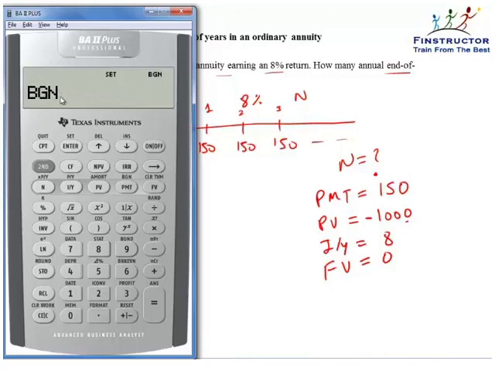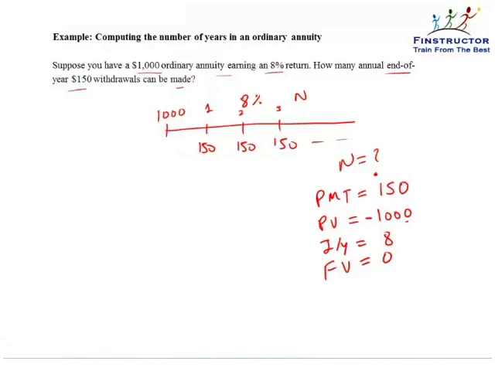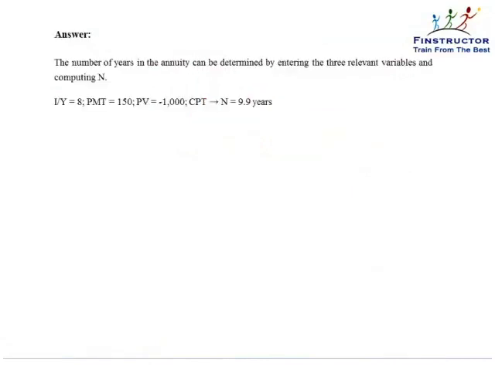Our payments are now being withdrawn at the end of every year, so we'll press second and set, change it back to the end mode, clear out, and then compute N. So with $1,000 of savings at 8% rate of interest, I can withdraw $150 for approximately 10 years, or 9.9 years. So similarly, you can use the TVM sheet to calculate any of the 4 variables, not just PV and FV. So we see N as 9.9 in this case.